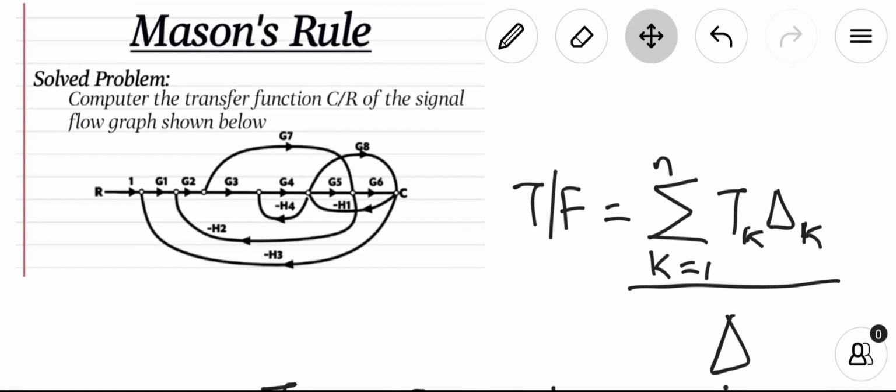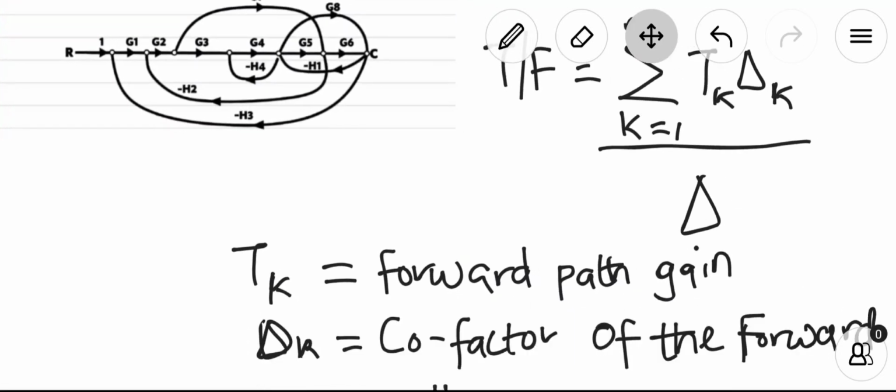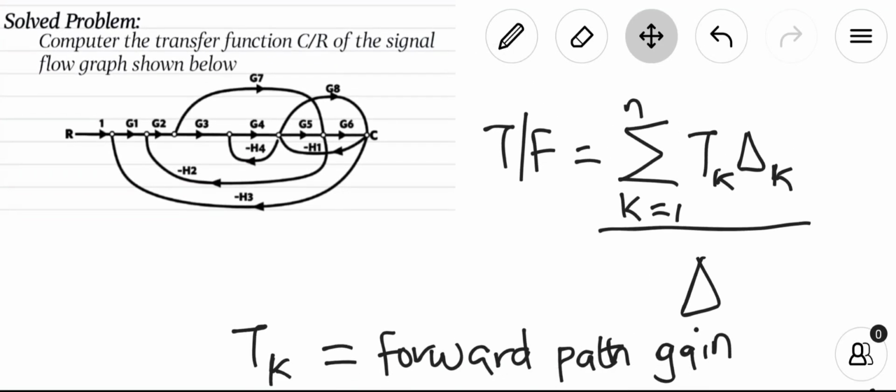Let's solve. You just check how many paths you can use to get to the output. That's how I figure out the number of forward path gains I have.